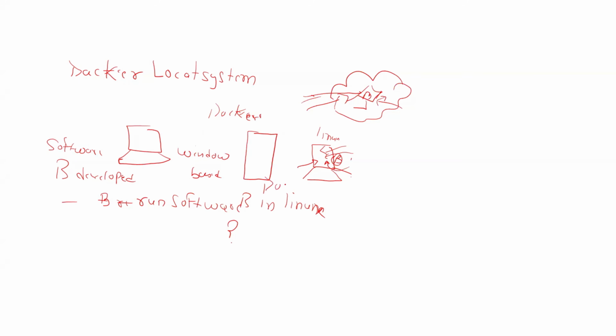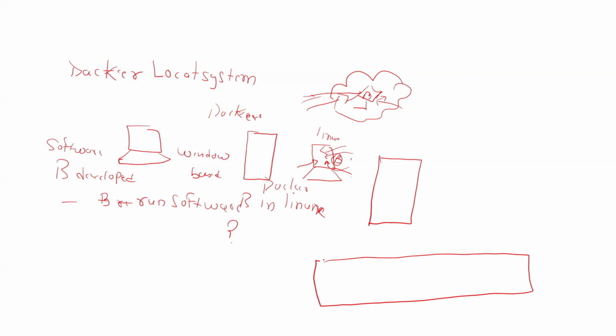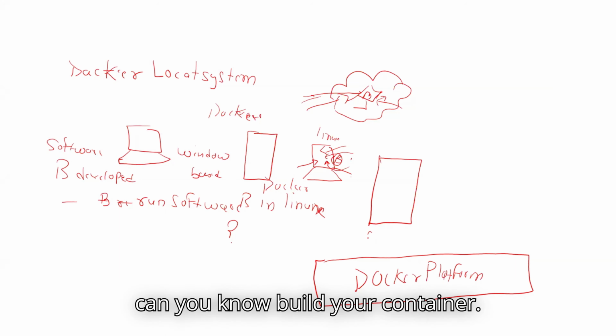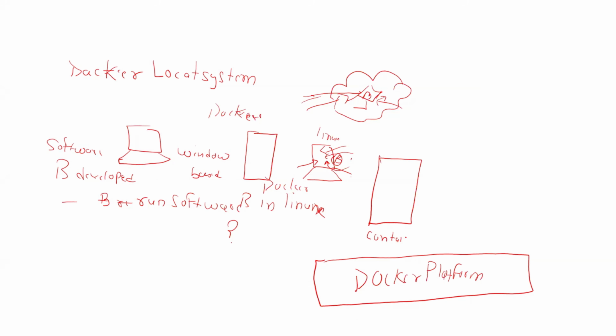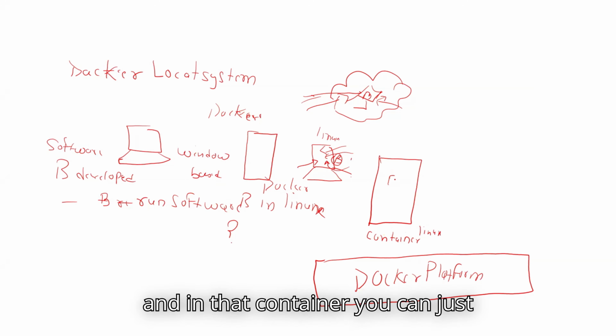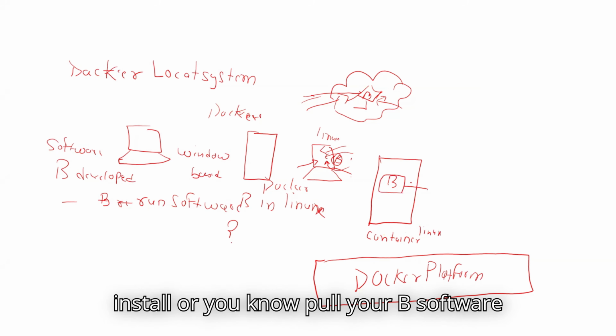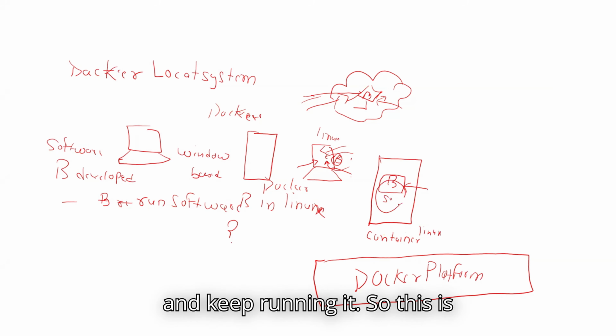You have the Docker platform here. Here you can build your container having Linux in it, and in that container you can just install or pull your software B and keep running it.